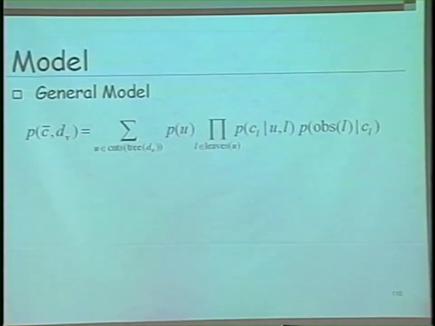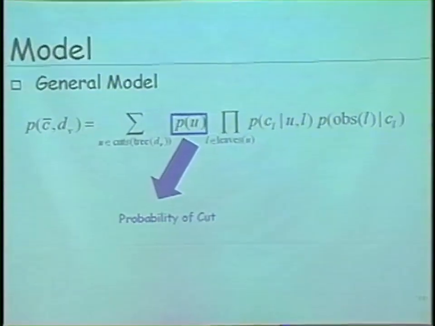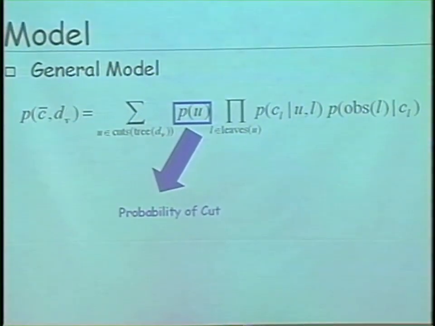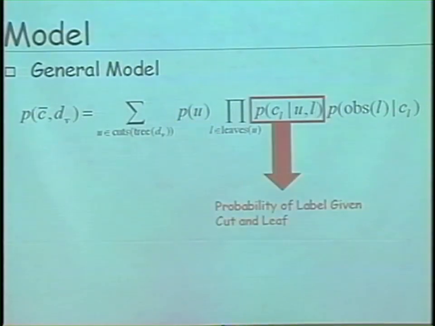Okay, so this is our formal model. We're going to try and model the probability of a cut through the tree, and I'll touch briefly on some different ways we may try and model this. Once you have a cut for a particular leaf, what concept do you want to assign to that leaf?